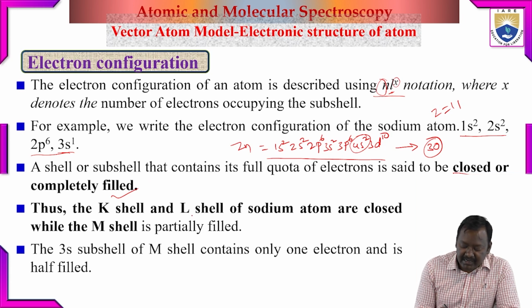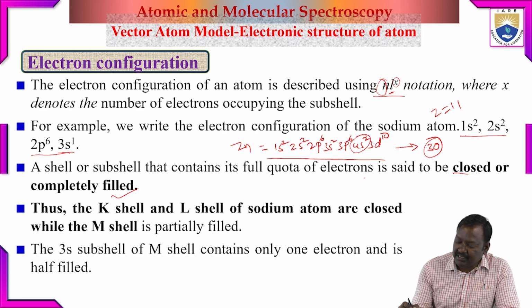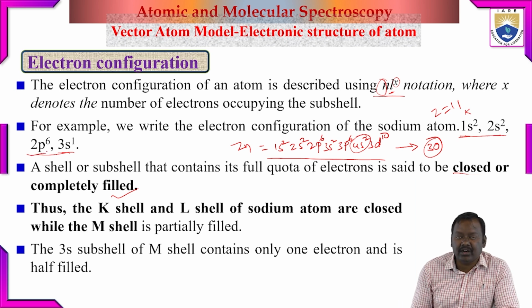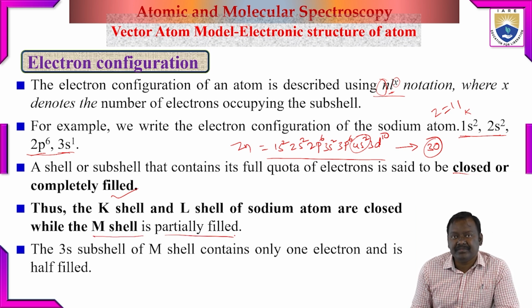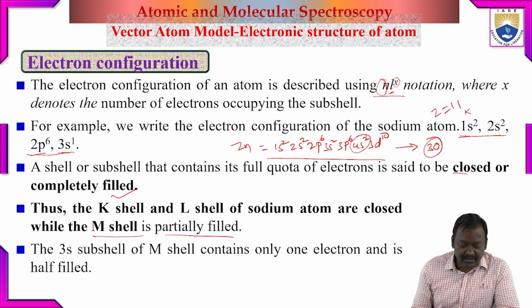Thus, the K shell and L shell of the sodium atom are closed. Here, n equal to 1 means K shell. K shell is completely filled, and L shell, meaning 2s to 2p6, is also completely filled. But the third shell or M shell is partially filled. It is not completely filled.